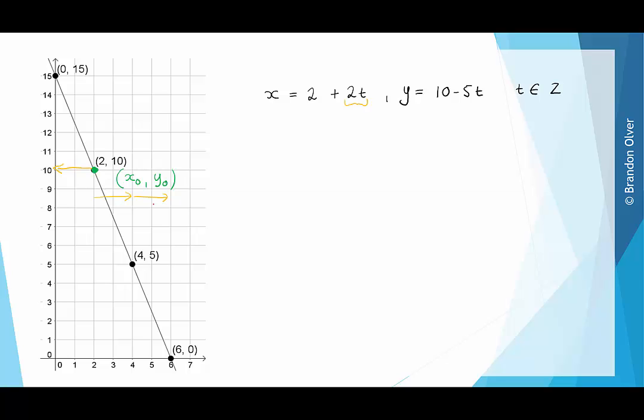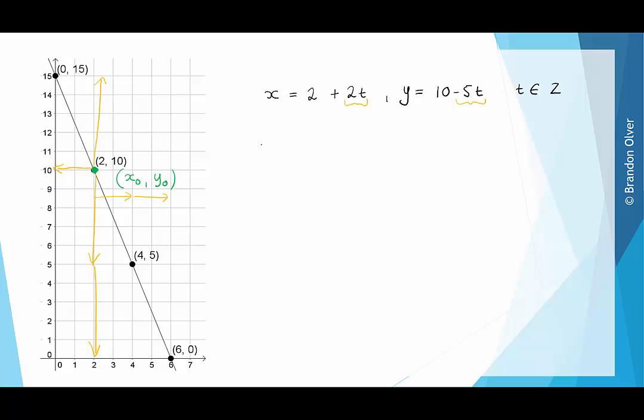And you'll find that the same will hold for the negative 5t here. We can let it go one more this way or two more down before it will become a negative solution for y.